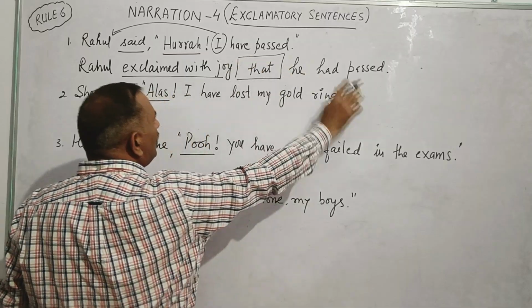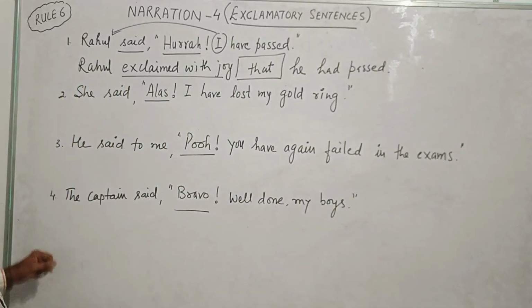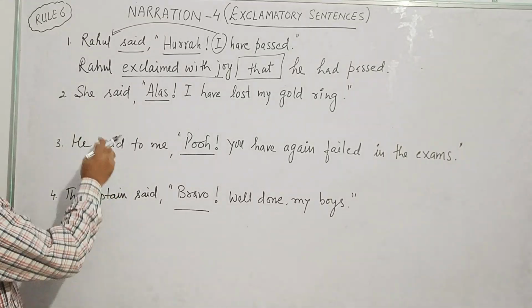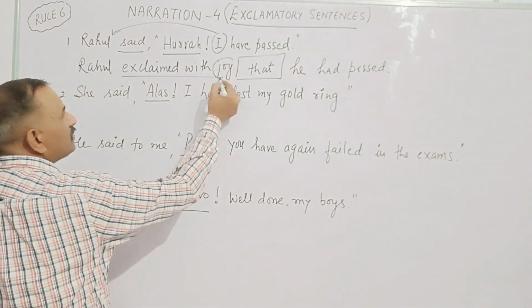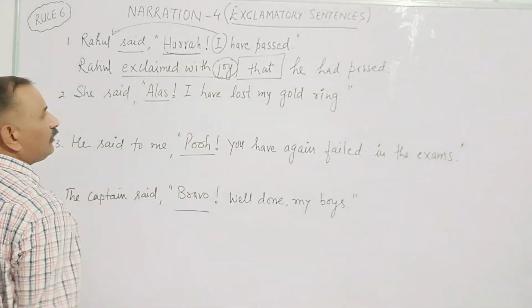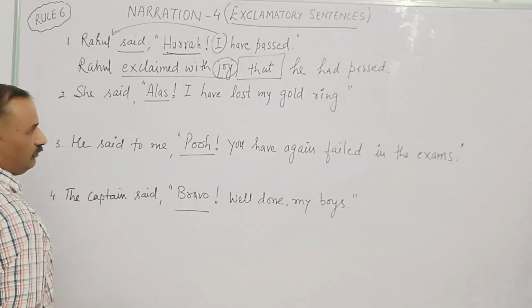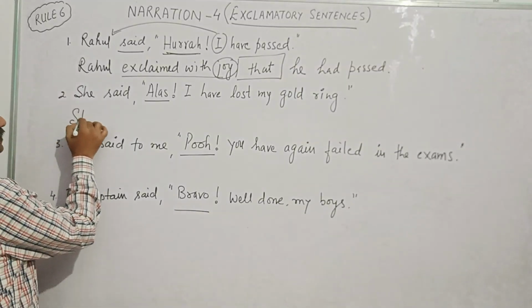Okay, so this is the change of direct into indirect speech of exclamatory sentence. Similarly, you will use these words according to the exclamatory words. In this, she said, "Alas, I have lost my gold ring." So what is it?